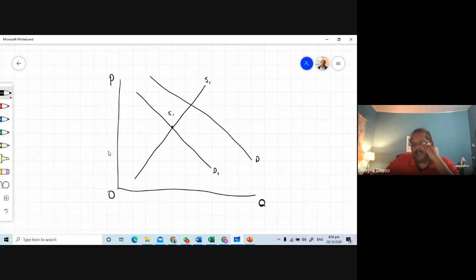Let's say it's a positive change. Let's say income levels go up. So we now have a new equilibrium point coming here. But to get to that point, you have to have that newer higher price. You have a movement along the curve here by suppliers.